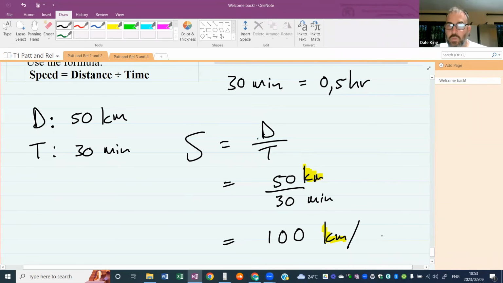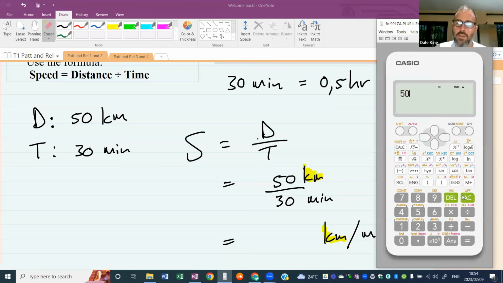But then your answer, your speed, is going to come out as kilometers per minute. Well, let's see how many kilometers in 1 minute they were traveling. So 50 divided by 30, that gives us 1.67 kilometers per minute.